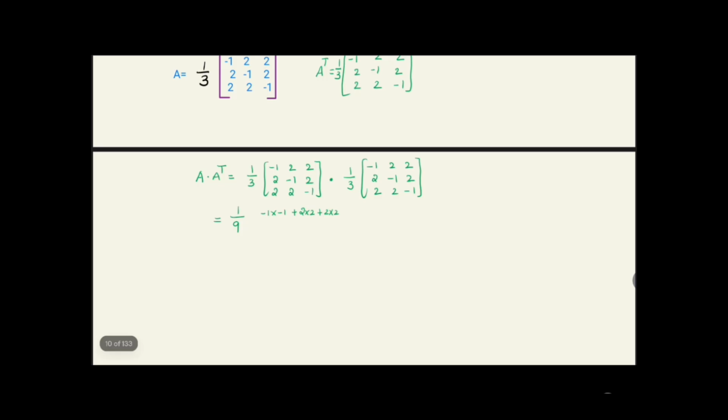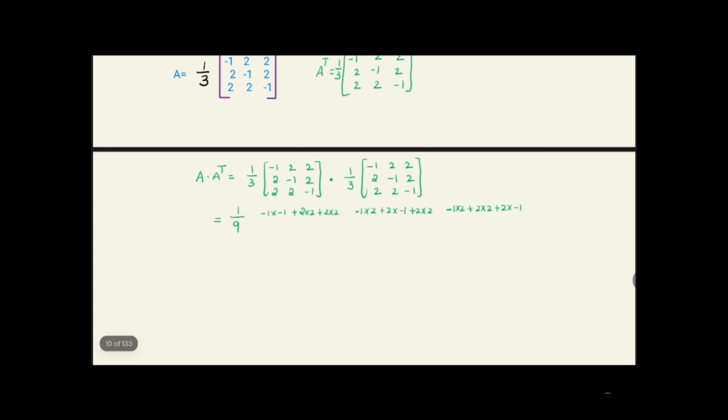Now for the second element, I multiply first row with second column: minus 1 into 2 plus 2 into minus 1 plus 2 into 2. For the third element, first row with the third column: minus 1 into 2 plus 2 into 2 plus 2 into minus 1.